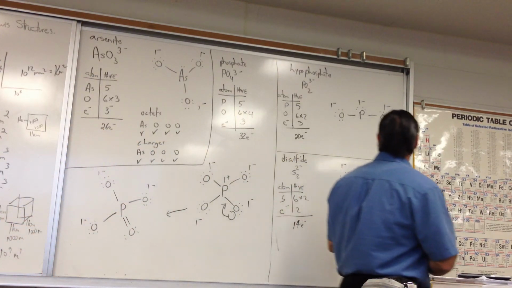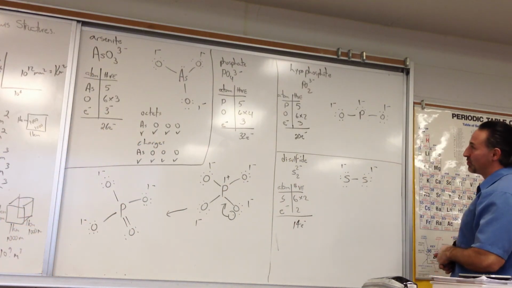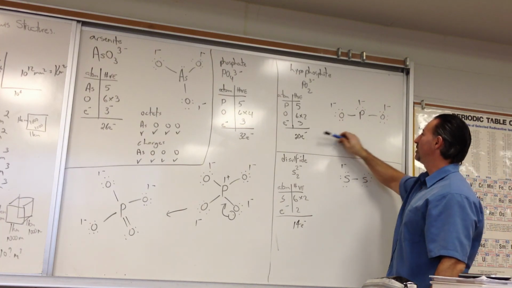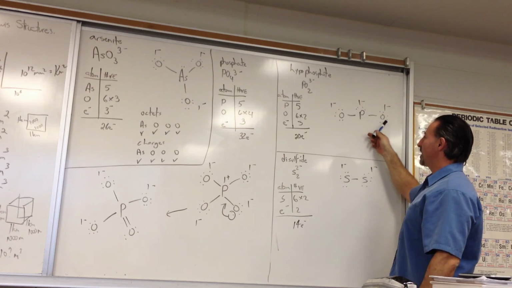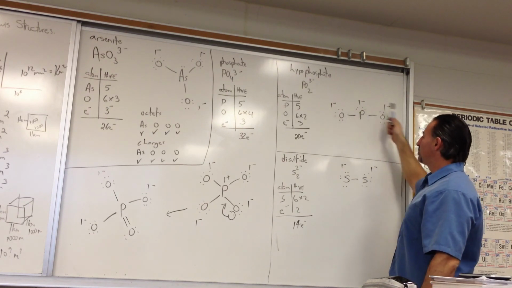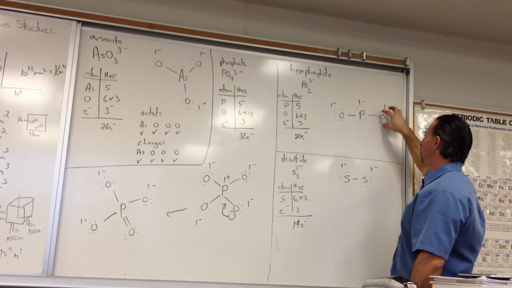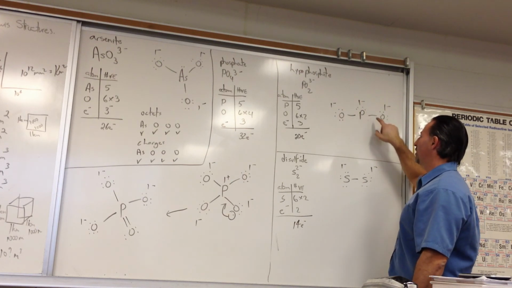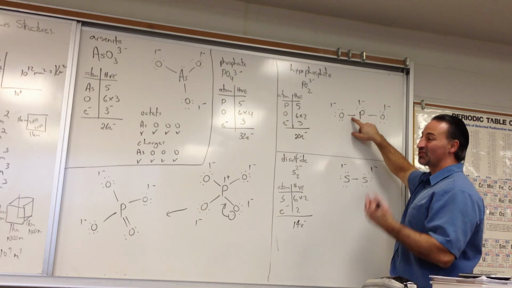In hypophosphite, which has a structure PO2 3-, we do the same accounting. It gives us 20 electrons in the structure. We place the 2 oxygen atoms as satellites, and when we place the remaining electrons, we begin by putting them on the oxygen atoms, so 2, 4, 6, 8, 10, 12, 14, 16. That leaves us 4 more electrons.